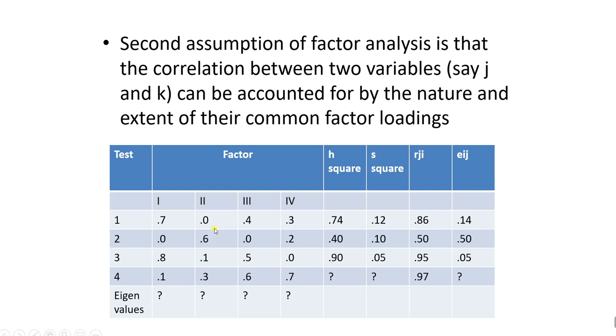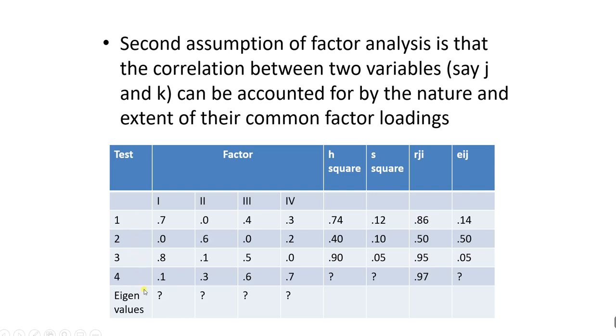Similarly, 0.0 square plus 0.6 square plus 0.1 square plus 0.3 square. When you sum, you will obtain a value. This value will be the eigenvalue of factor 2. So what is an eigenvalue? Again I am repeating so that you can remember and understand that it is the sum of the squared factor loadings of a given factor, say factor 1, across the variables, the 1, 2, 3, 4 variables.